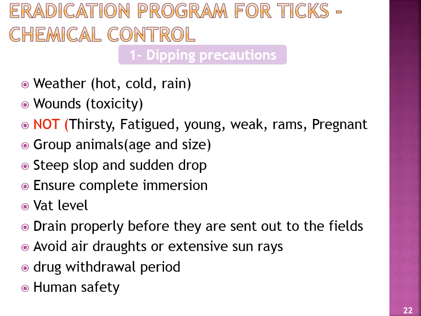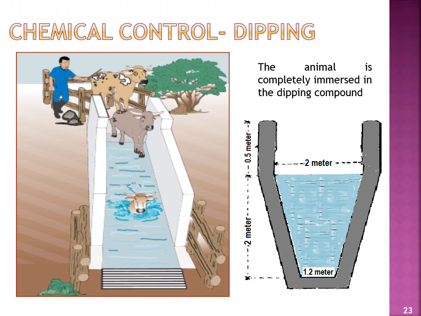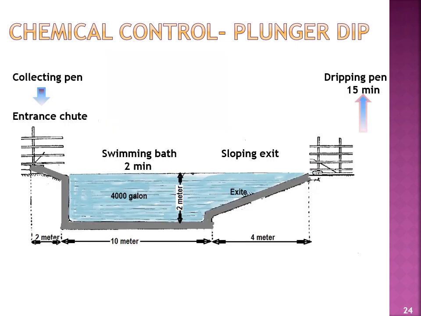The drug withdrawal period and human safety should also be considered. In the construction of the dip, the animal should be completely immersed in the dipping compound and move along the dip vat to ensure that the insecticide is in contact with the body for at least 1 to 1.5 minutes.